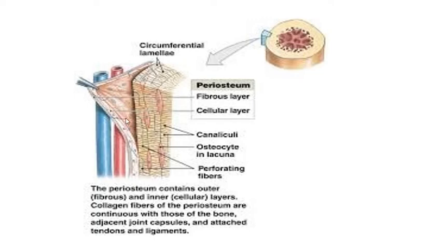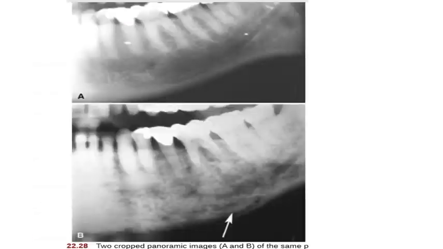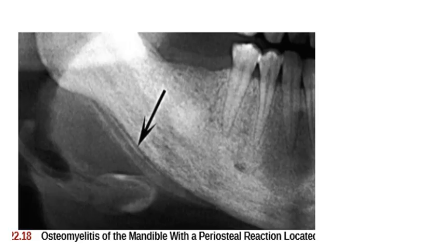So the activation of the osteogenic or inner layer of the periosteum provides periosteal new bone formation. Periosteal new bone formation is visualized, for example, in this case, with multiple radiopaque bone layers formed under the original bone, shown with a black arrow.